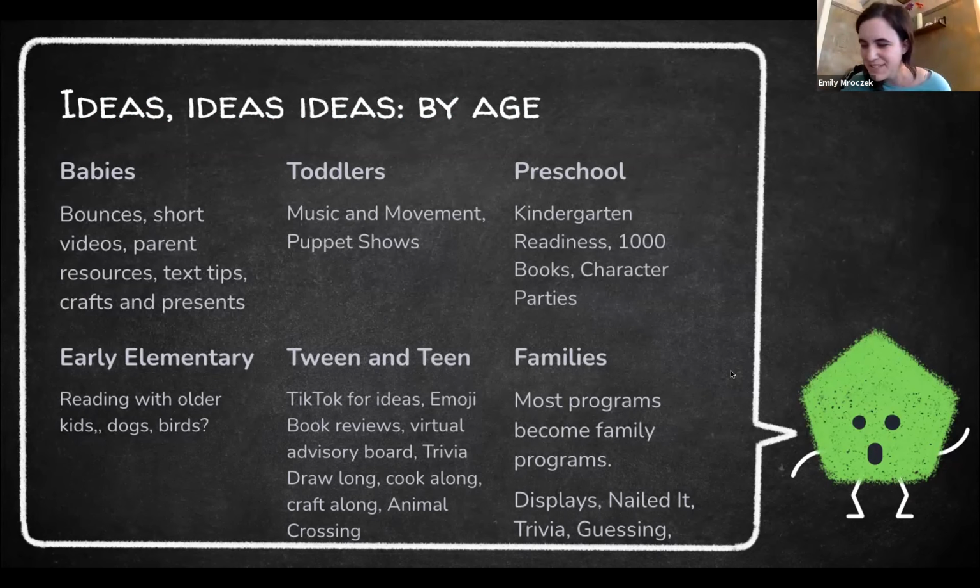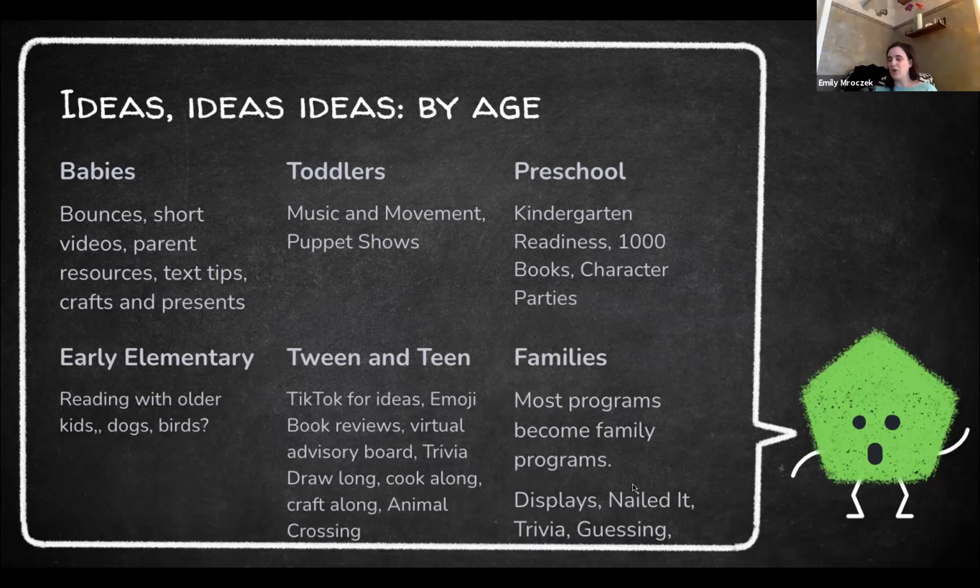So back to tween and teen. Here is the TikTok for ideas. The emoji book reviews can be fun, seeing what you think about a book using only emojis. And I've seen a lot of libraries do virtual advisory boards and also virtual volunteering this summer, seeing what they can do virtually and having teens help that way, because they still want their volunteer hours and they still want to be involved.